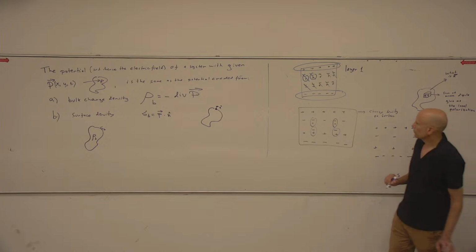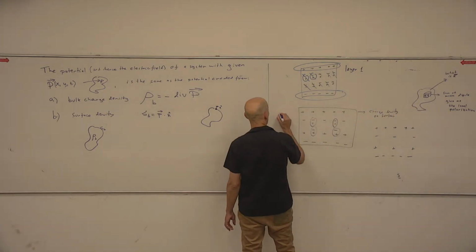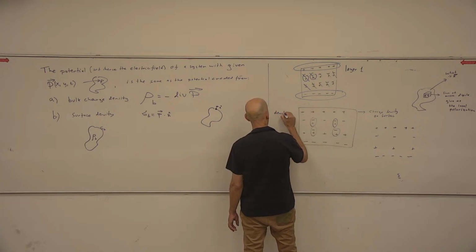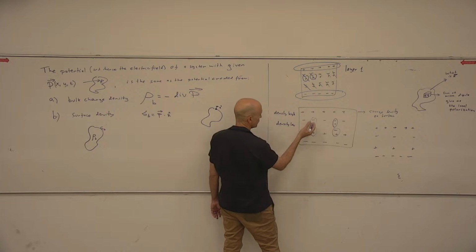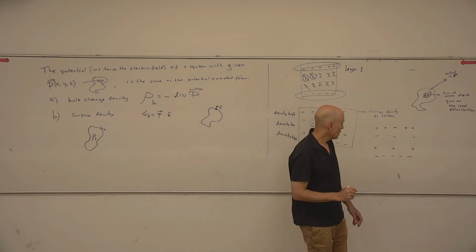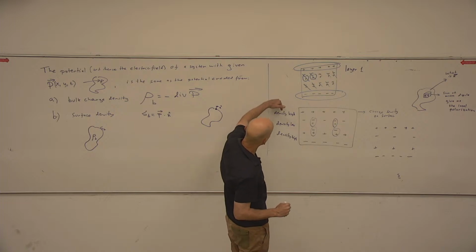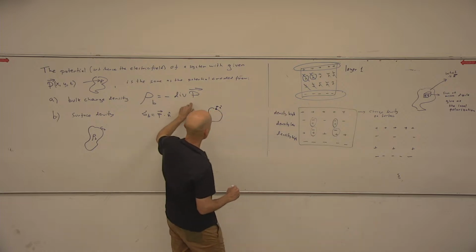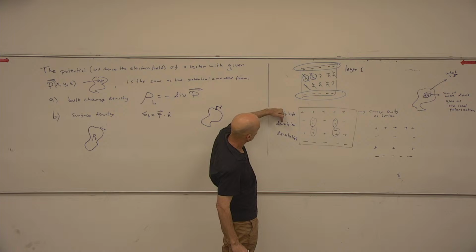Now, here the first layer compared to the second, so the density is high. Here the density is low. Low in what? Here I simply have only 2 dipoles, so the density is low. Here the density is high again. Again, the density of the dipoles. So when I go from up to down, you see the density, or the polarization if you want, which is related to this P, changes first in one sign, and then the other sign.